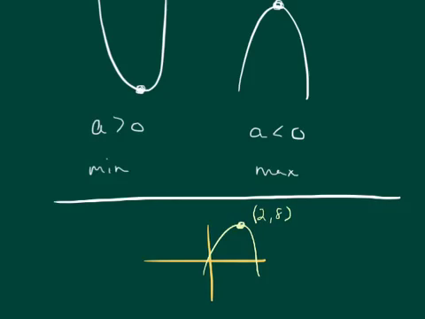Again, the maximum is at 2 with a value of 8. But you need to emphasize that because the idea is that when we look at these functions, we're really applying them to word problems. So the y value is always the value you're going to get as an answer. The x value is when it occurs. So the maximum occurs at 2, and its value is 8.